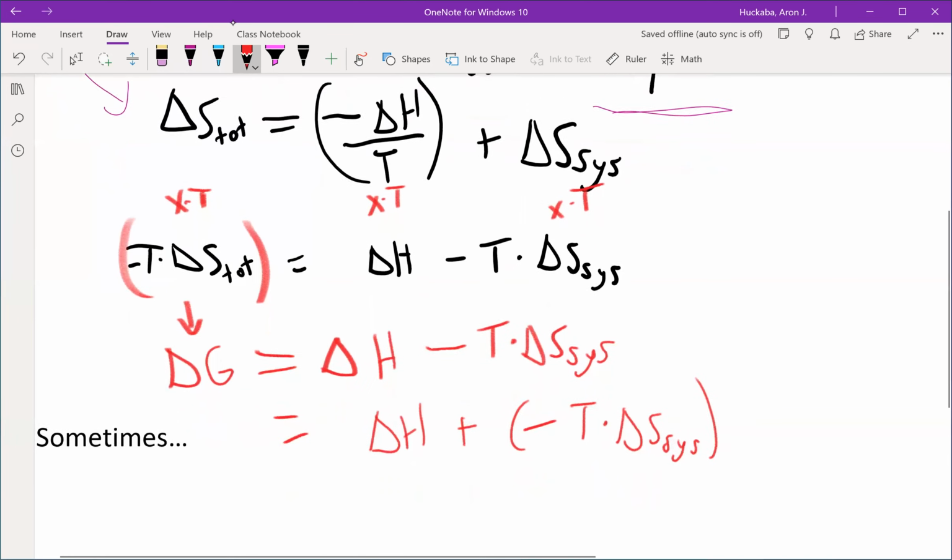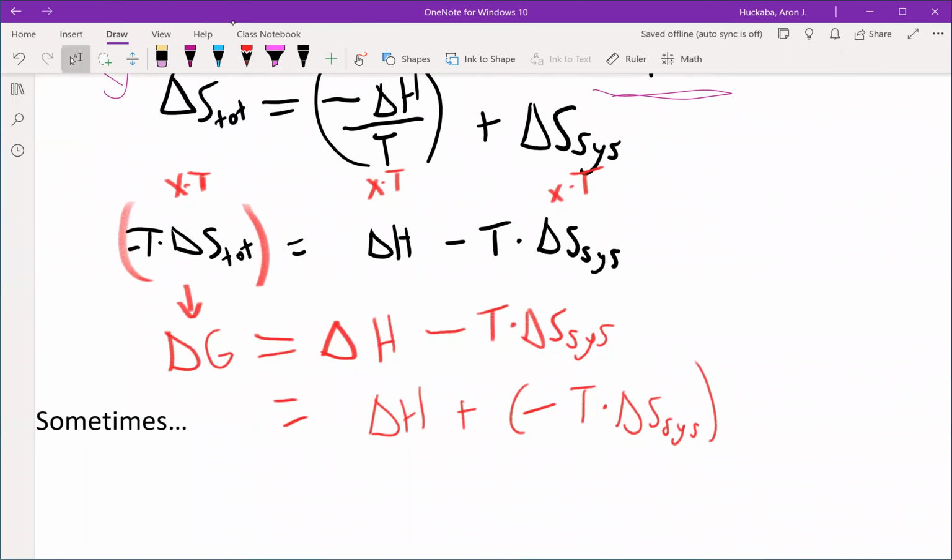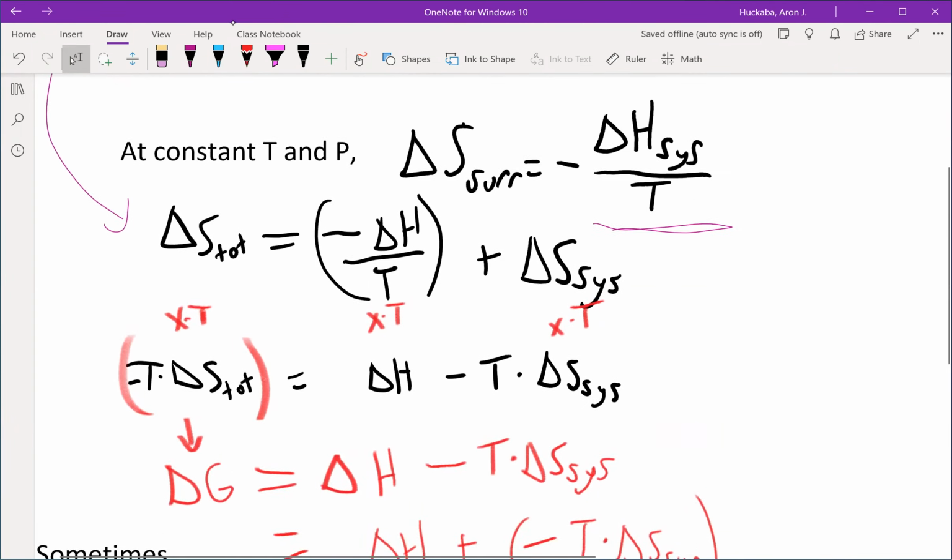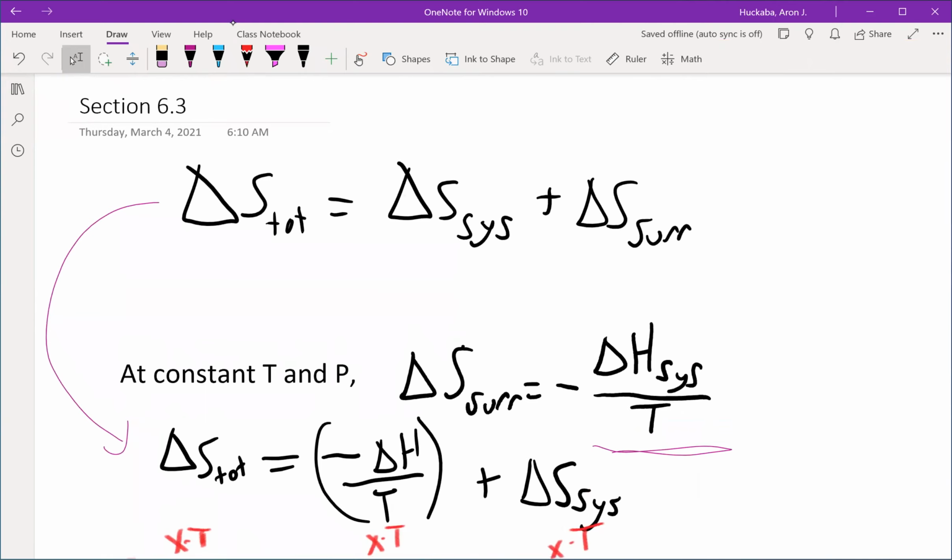So by using this equation, or this slightly modified equation that I just showed, we can then compare directly the Gibbs free energy to know if something is spontaneous. And just one last little note about spontaneity. Before, up top, we said that the total entropy in general must be positive in order for that reaction to be spontaneous.